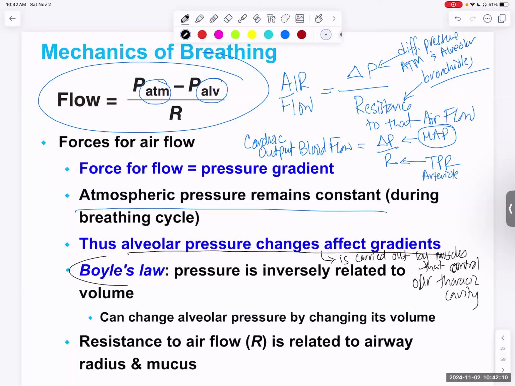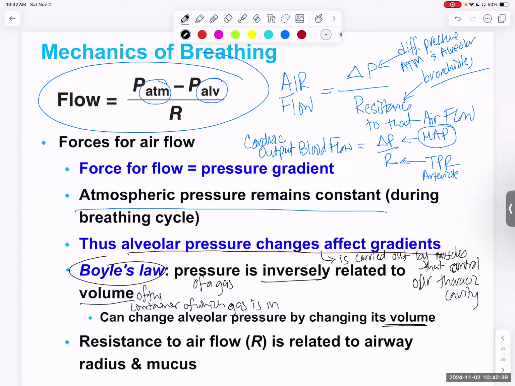And there's something called Boyle's law. And Boyle's law says that the pressure of a gas is inversely related to the volume of the container which the gas is in. So we can change the volume of the container which the gas is in.